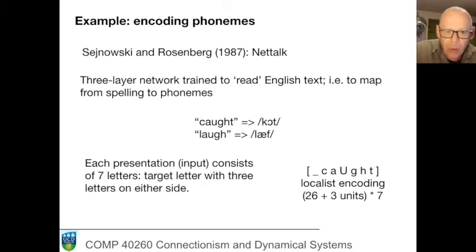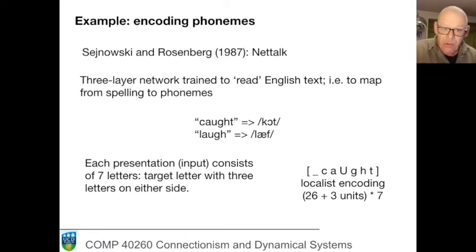There is no language in the world in which the orthography, the written form, bears such a problematic, complex, and utterly bizarre relationship to pronunciation. Consider the two words caught and laugh, for example. On the left, you can see the written version, C-A-U-G-H-T and L-A-U-G-H.